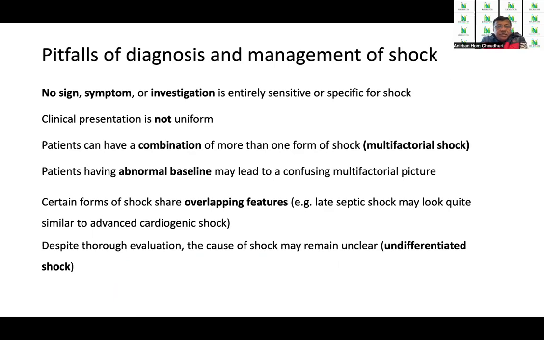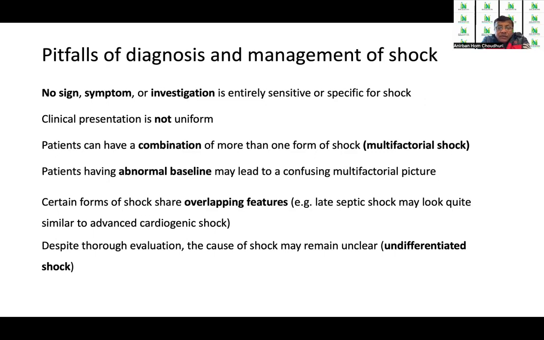The clinical presentation is not uniform. We all know that there is warm sepsis, and in hypovolemia there can be cold sepsis. So warm, vasodilatory shock and so on make the clinical presentation non-uniform. Patients can have a combination of more than one form of shock, which is multifactorial shock.